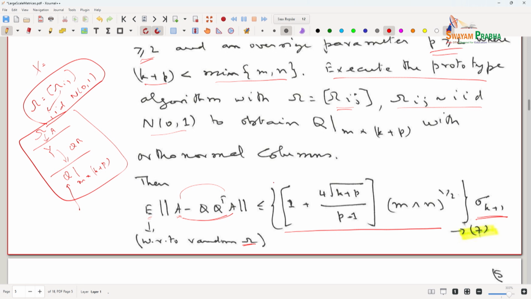Here we are going to get a constant multiple of sigma k plus 1. So, sigma k plus 1 is the smallest possible error achievable, but in this particular case, since we are not using PCA, I can get a result which is similar to that, except that there is a multiplying constant. What is that constant? The constant is 1 plus 4 times square root of k plus p divided by p minus 1 times square root of the minimum of m and n.